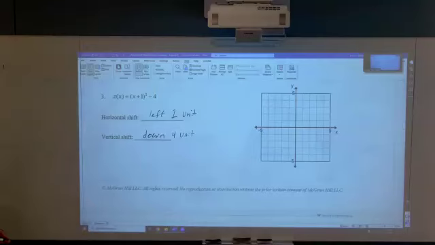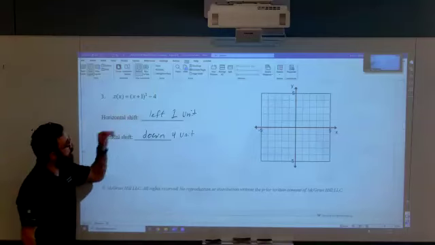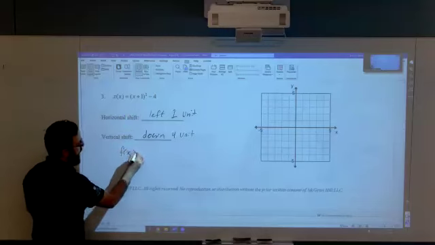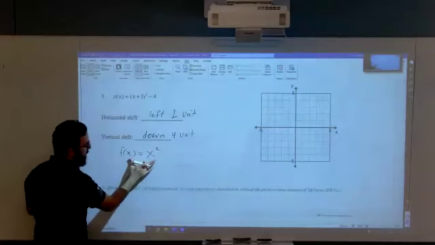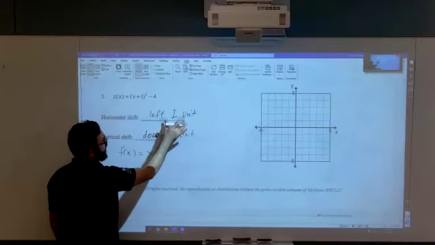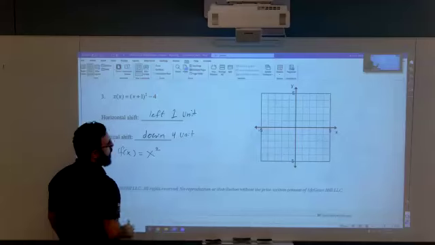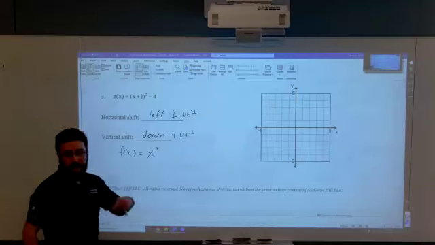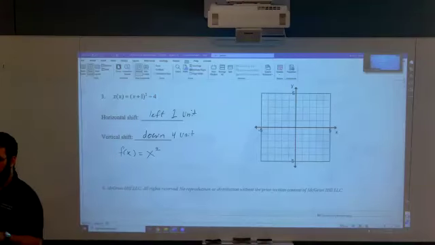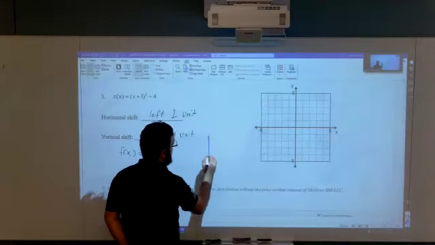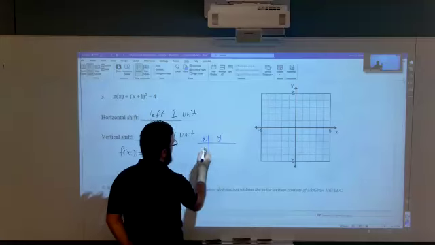Okay, that's what they ask me most of the time. The basic function is what? F of x equals x squared. So here is the basic function. We're going to shift it to the left 1 unit, and then shift it down 4 units. Now, go back to the basic function. How are we going to graph it? X, Y. Remember the points I gave you?